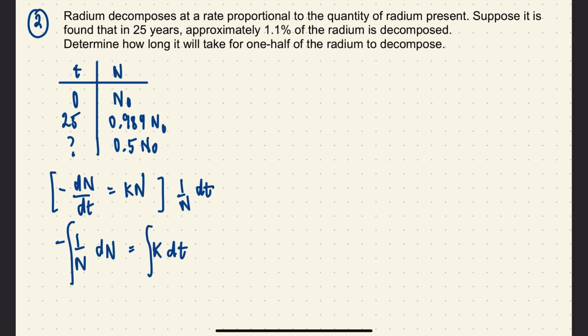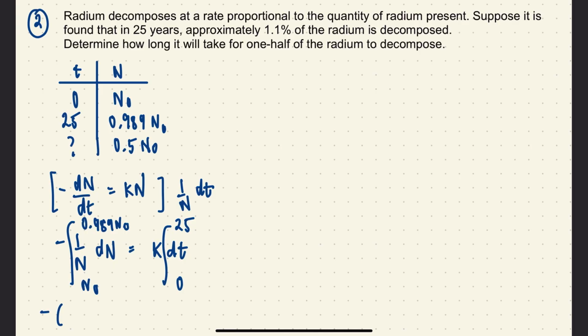So we can go from here and use definite integrals to solve for k. We can put k outside. From 0 to 25, your N0 has decomposed 1.1%, so 0.989 N0.